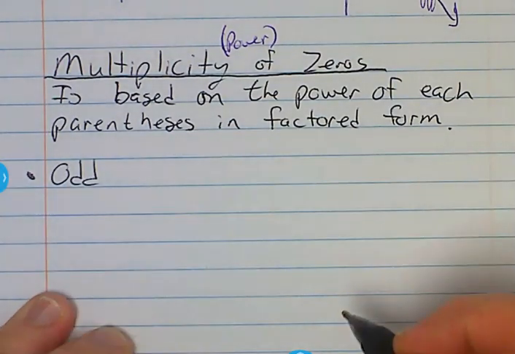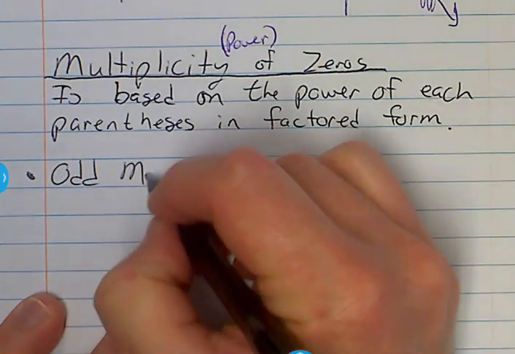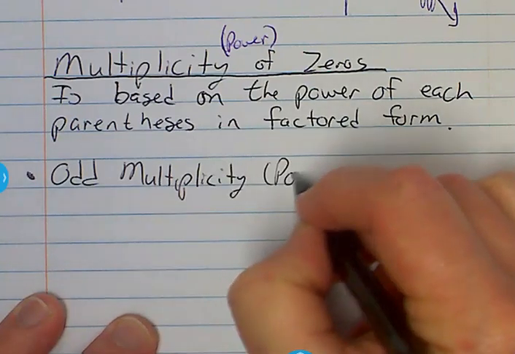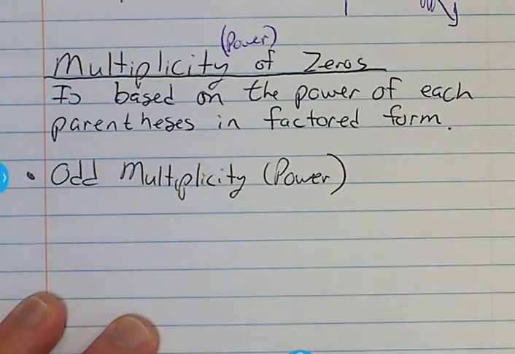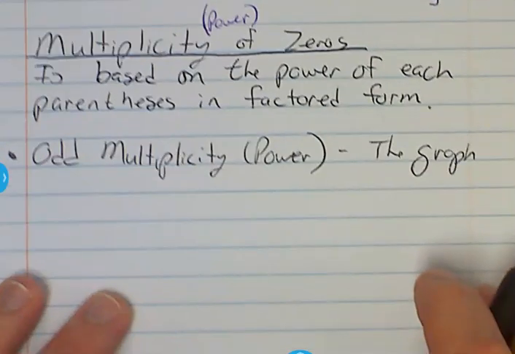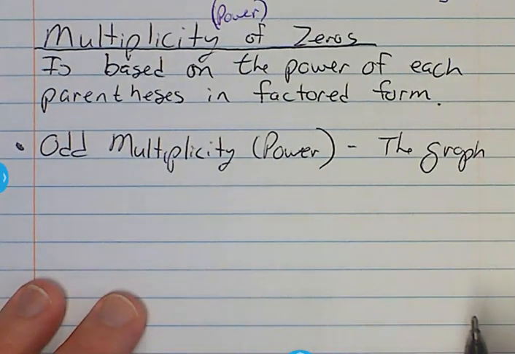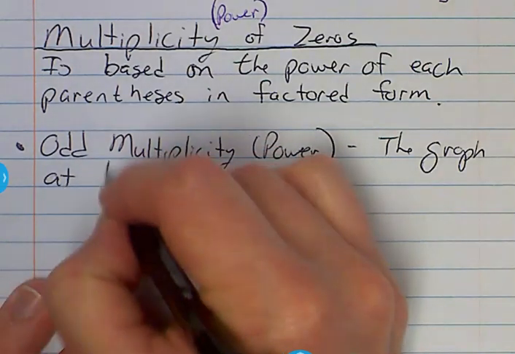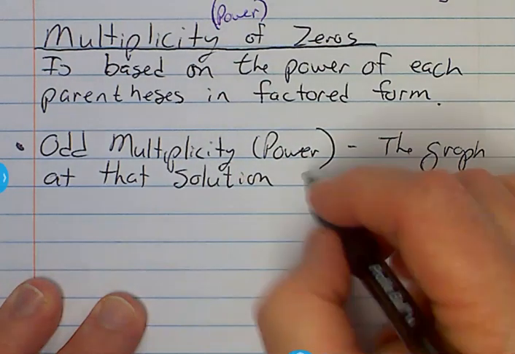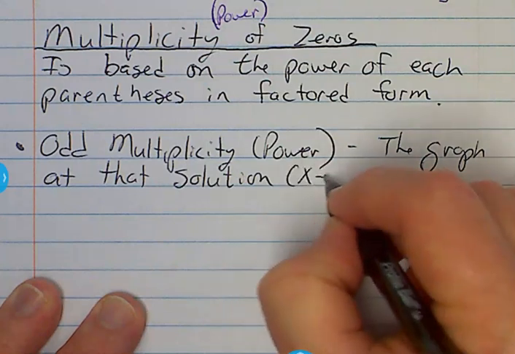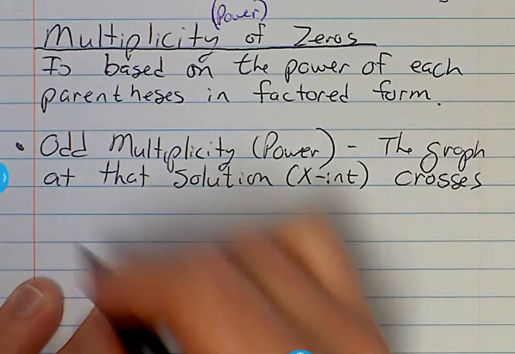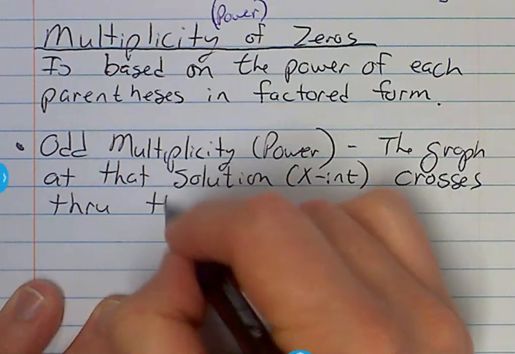If you have an odd multiplicity or odd power, then the graph at that solution, again, we're talking about the solution, the x-intercept here, crosses through the x-axis.